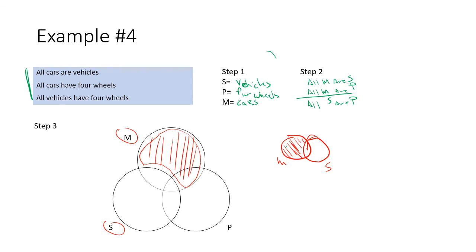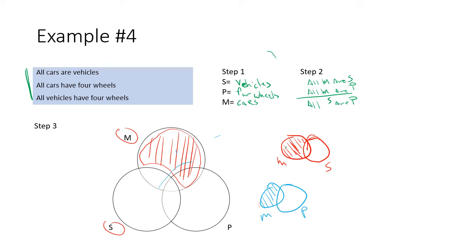And then premise 2 is all M are P. It's the same type of sentence, just different terms. So all M are P instead of all M are S. So it's going to look pretty similar. It's just going to be oriented different.